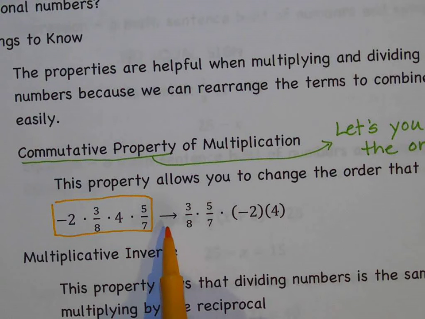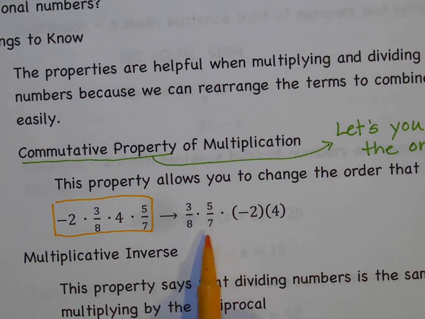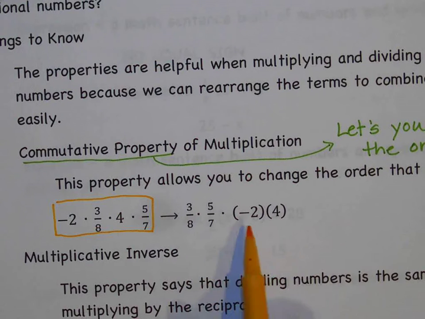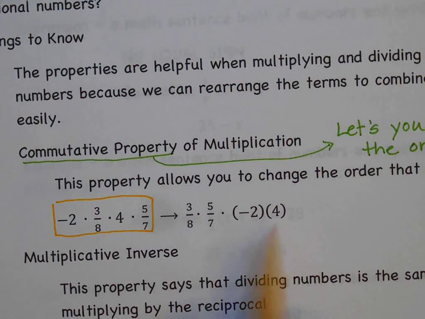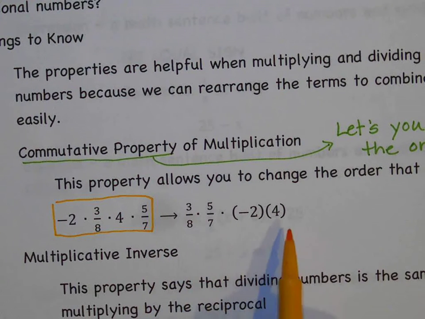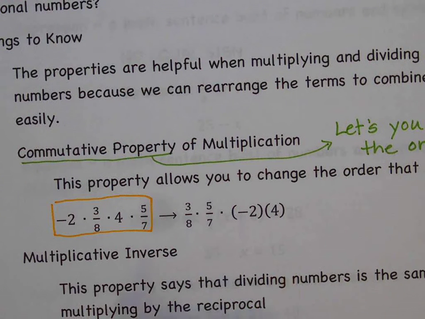This little arrow is telling you that I'm changing the order. I would like to multiply the fractions by each other, and then multiply the integers by each other, and when I'm done doing that, I'll multiply both of those together.